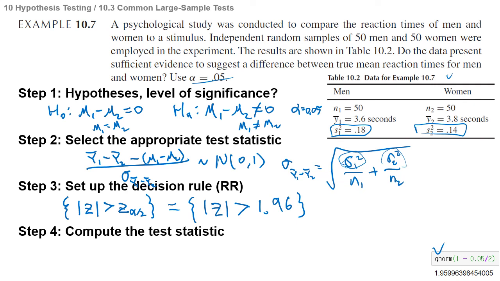So y1 bar minus y2 bar, which is 3.6 minus 3.8, divided by, and mu1 minus mu2 under the H0 is 0, so this part is 0, and divide by sigma of y1 bar minus y2 bar, which is square root of sigma 1 square, which is 0.18, 0.18 divided by 50, plus 0.14 divided by 50.